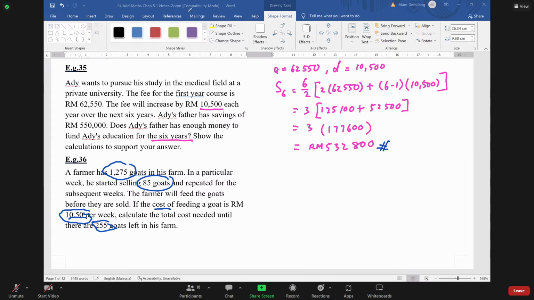Repeated for subsequent week. Okay, so you look at how many weeks first. How to find how many weeks?